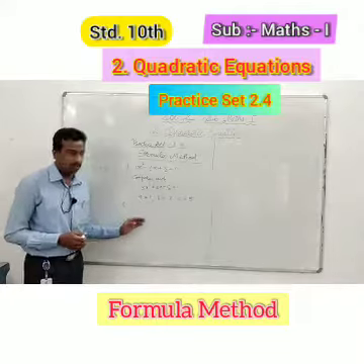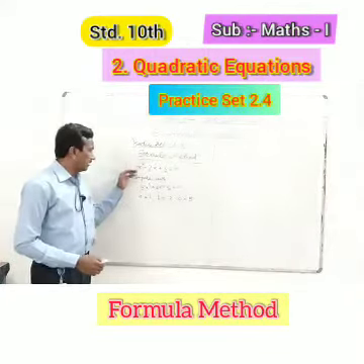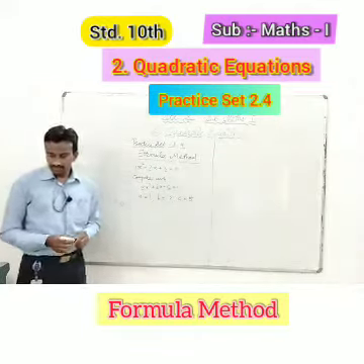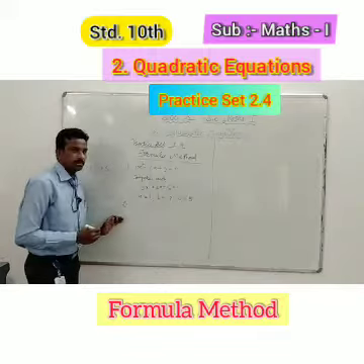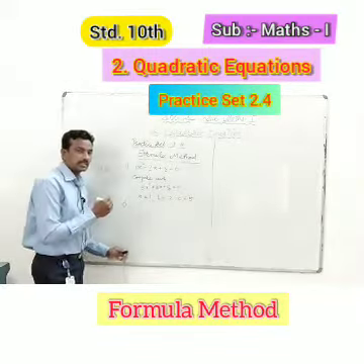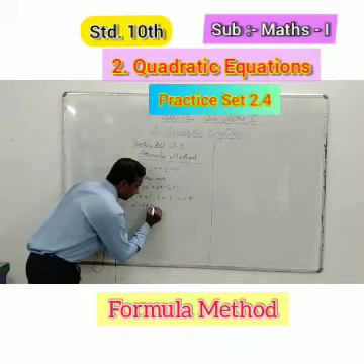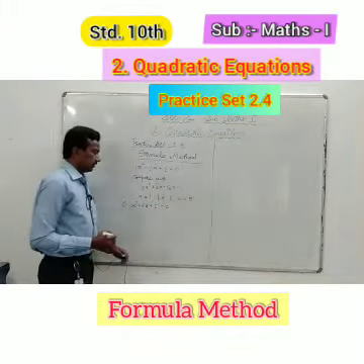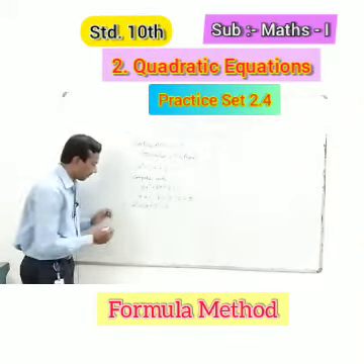In place of alpha and beta, we can use the variable given in the quadratic equation. Now we will take an example in question number 2: x square plus 6x plus 5 is equal to 0.